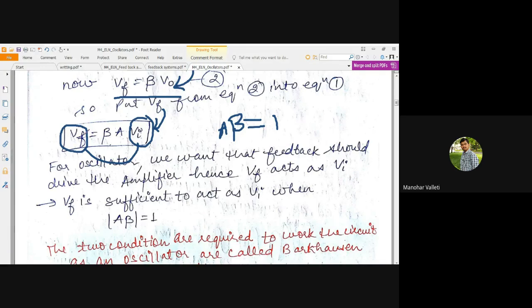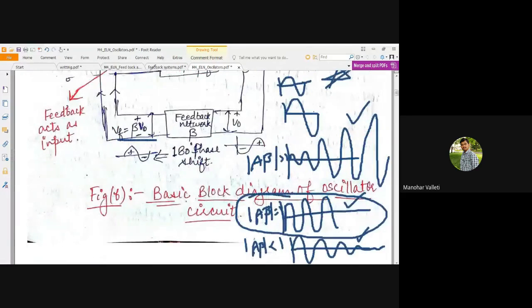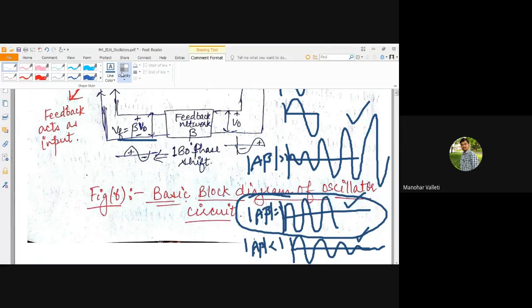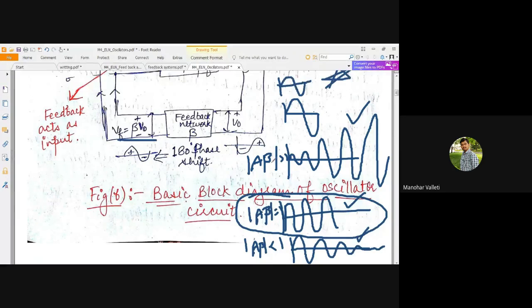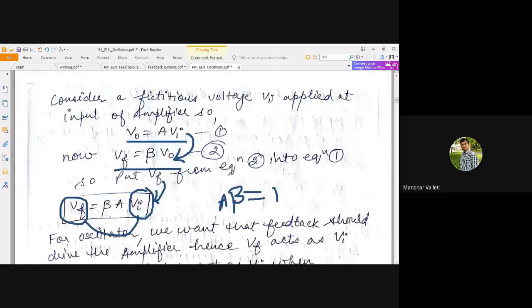Or else, if it is varying, accordingly you will get either these oscillations or these oscillations, which is of no use for the user. So that much importance is there for the loop gain.